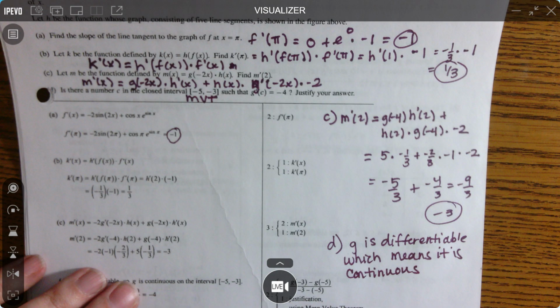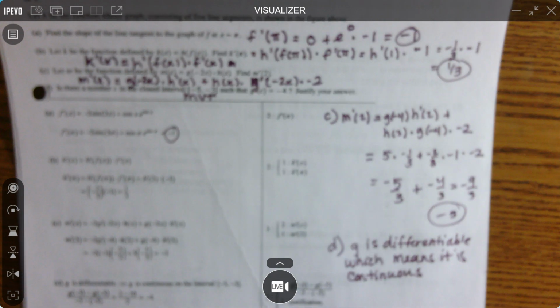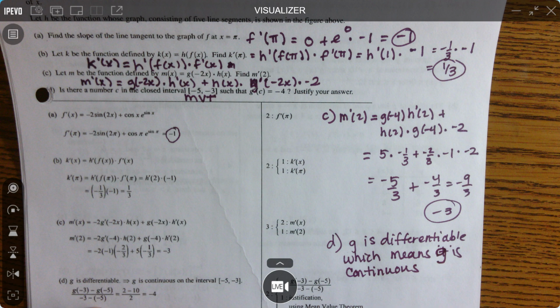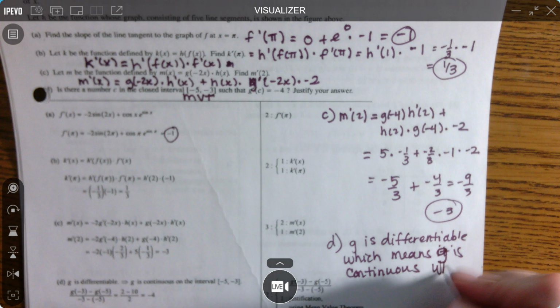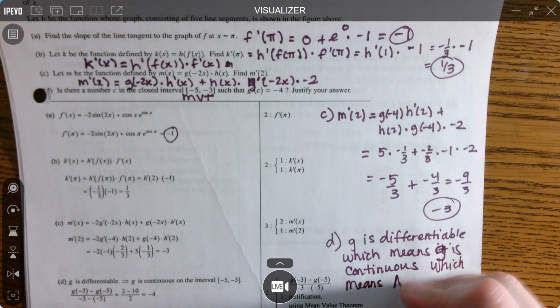Sorry, I was off the screen there. So I was writing G is differentiable, which means G is continuous. Which means MVT applies.